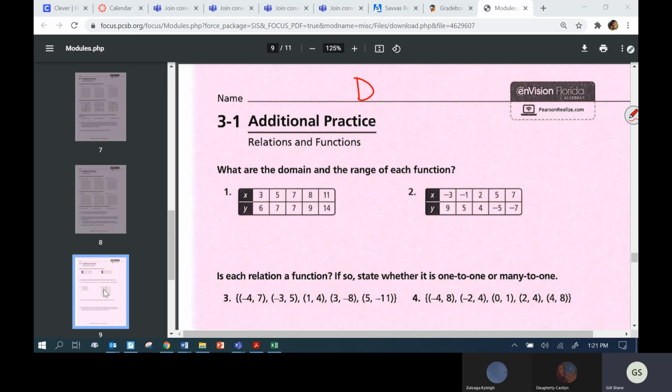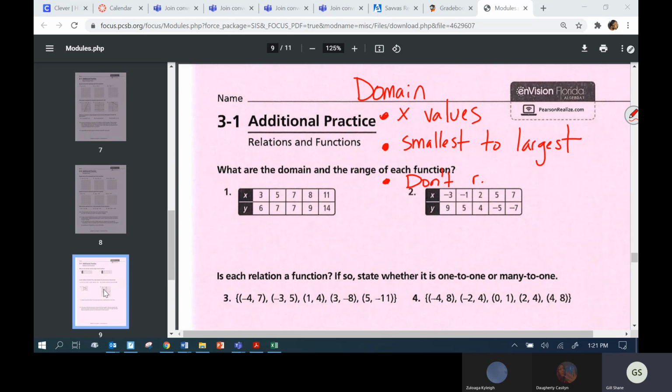Domain is the X values, smallest to largest. And then lastly, don't repeat any numbers.